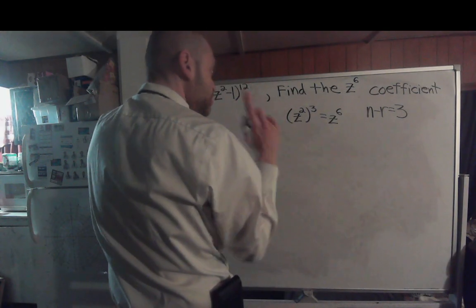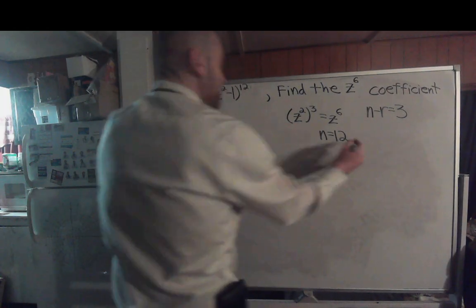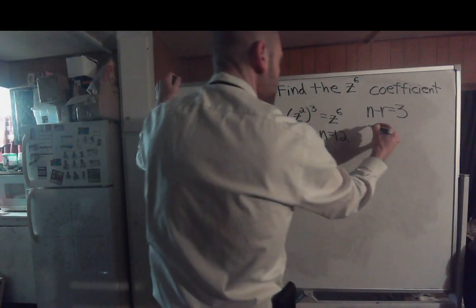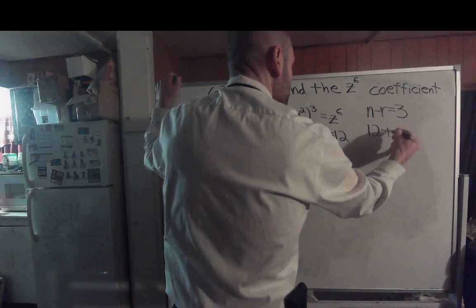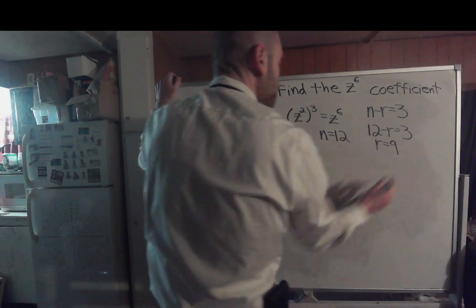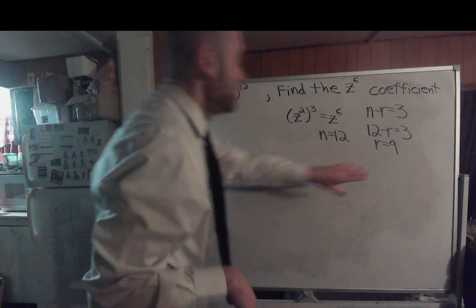Well, for sure, my n is 12, because the power of this binomial was raised to the 12th power. So 12 minus r equals 3, meaning that r equals 9. So r would actually be 9 in this case.